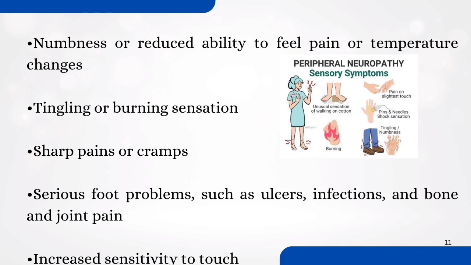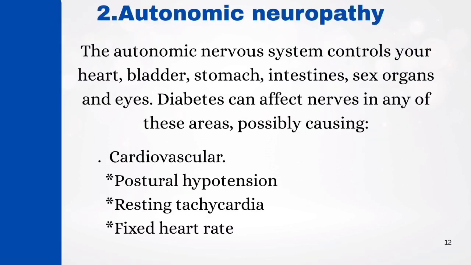Increased sensitivity of touch. Next, autonomic neuropathy. The autonomic nervous system controls your heart, bladder, stomach, intestine, sex organs, and eyes.